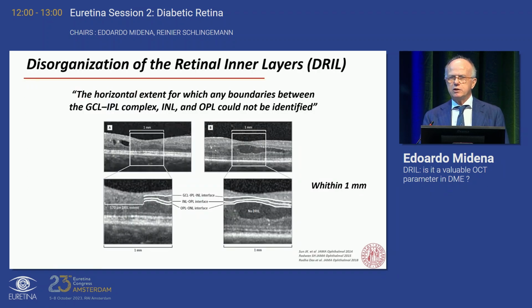One of these is an intriguing one and attracted my attention in the last few years, since when Jenniferson wrote about this, is the DRIL, the disorganization of the retinal inner layers in diabetes, which is a sort of fog in the inner part of the retina from the ganglion cell layer to the outer plexiform layer.